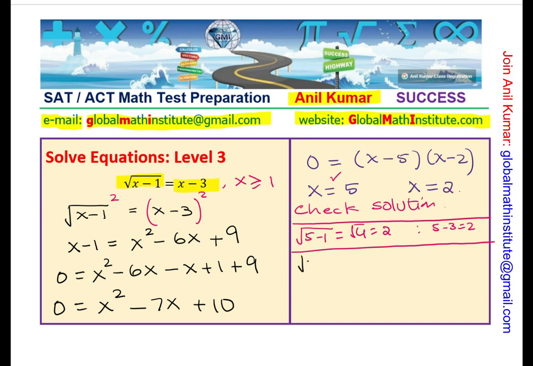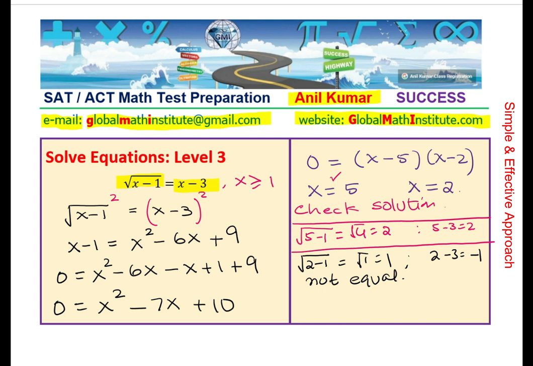Substituting 2 gives me the square root of 2 minus 1, which is the square root of 1, which is 1. However, on the right hand side, we have 2 minus 3, which is minus 1, right? So it is not equal. That means it is an extraneous root. So that is not the solution.